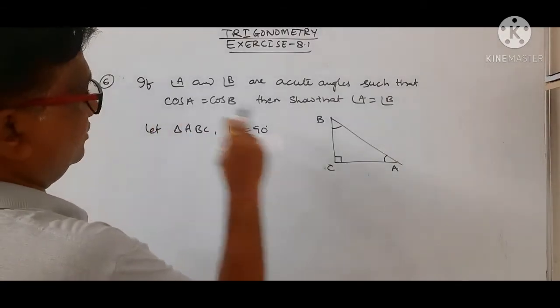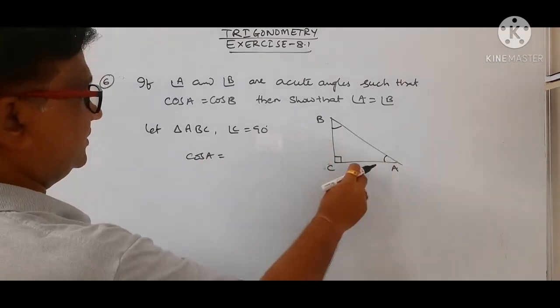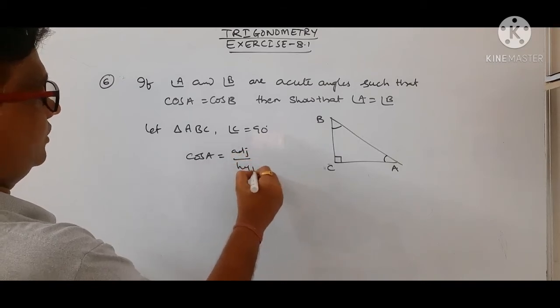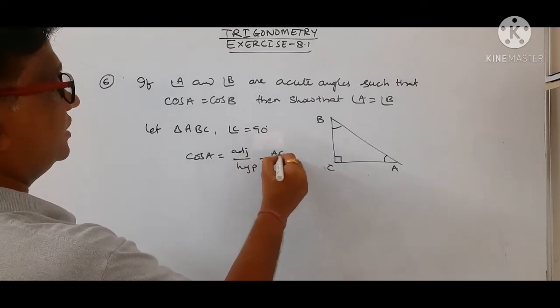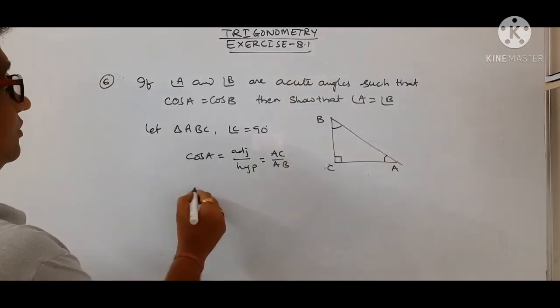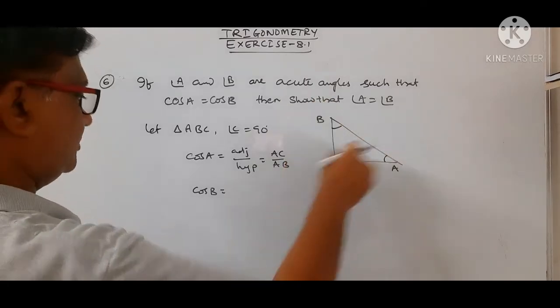Now cos A equal to cos B. What is cos A? A's adjacent and hypotenuse. So adjacent by hypotenuse, AC by AB. What is cos B? Adjacent by hypotenuse again.